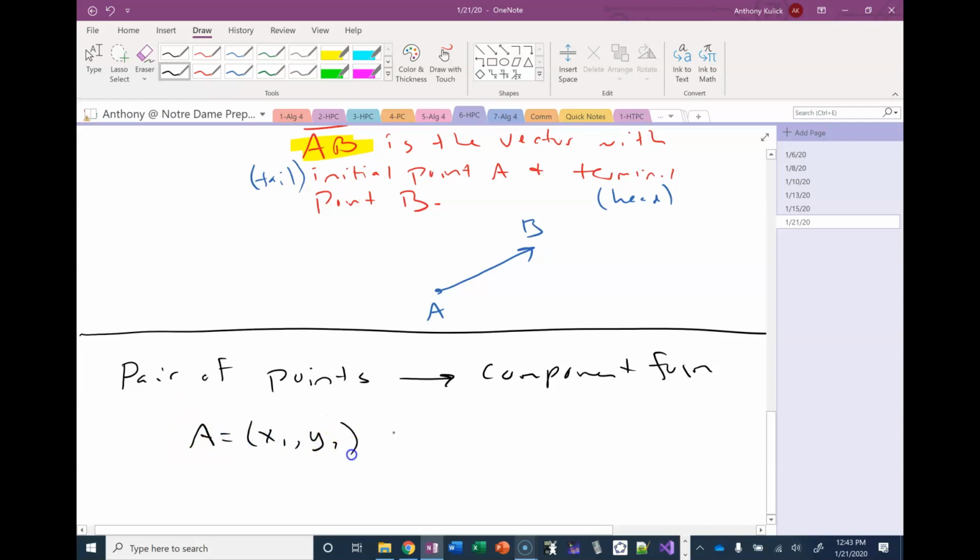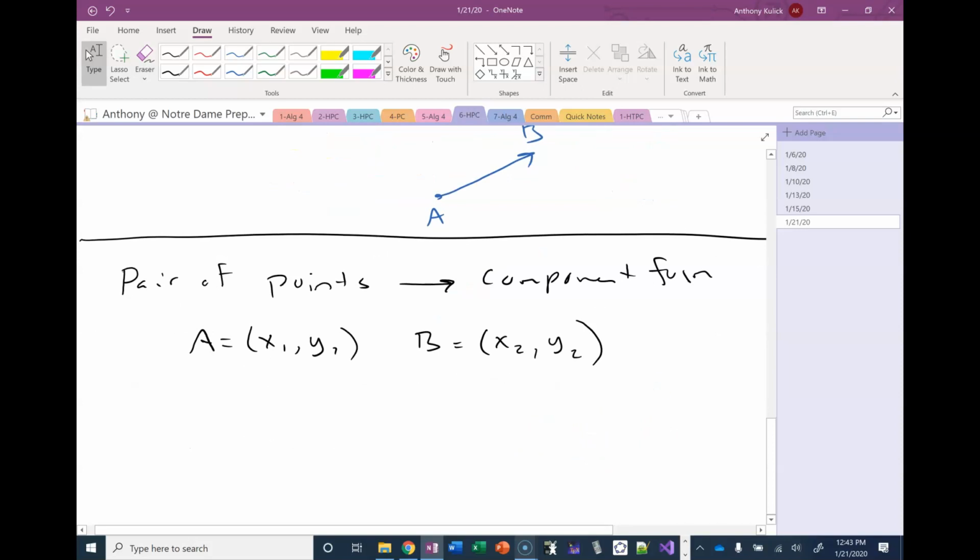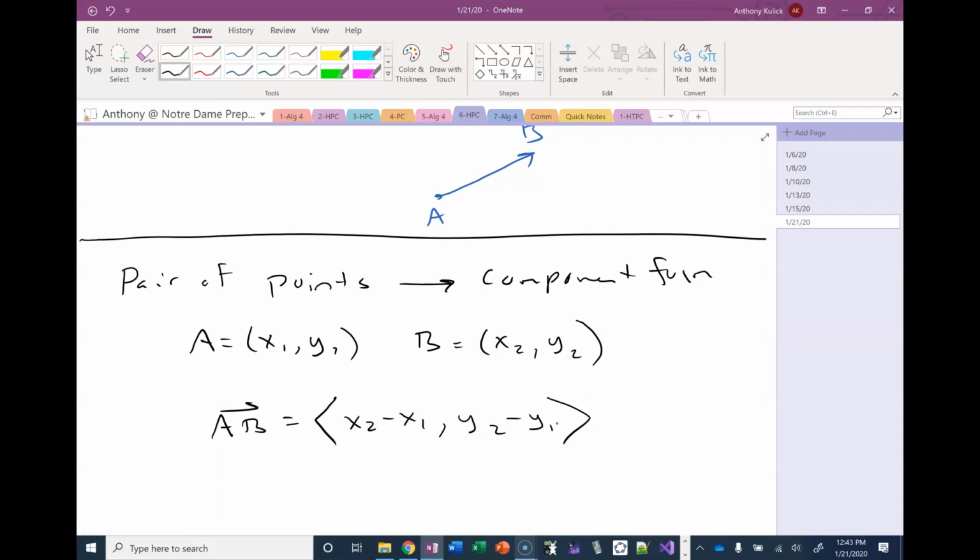So if A is the point x1, y1, and B is the point x2, y2, if I want to write the vector AB in component form, I can calculate that by doing x2 minus x1, comma, y2 minus y1.